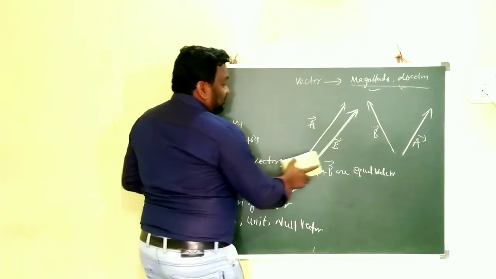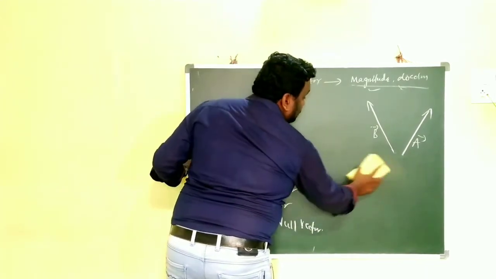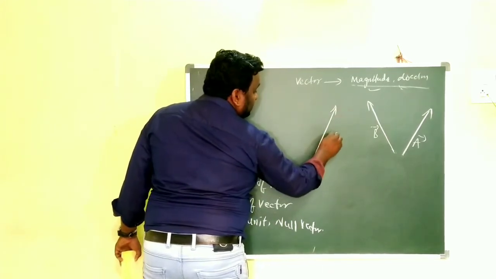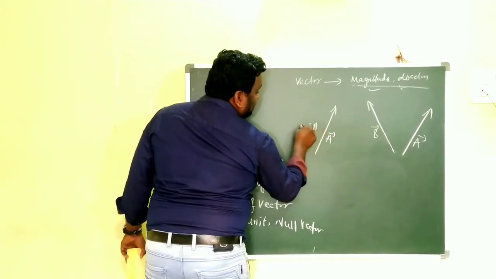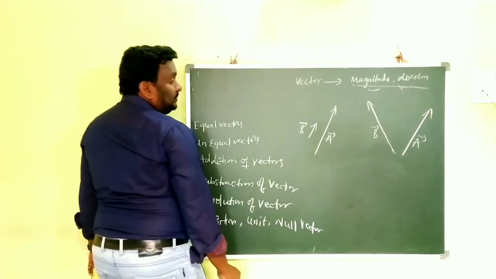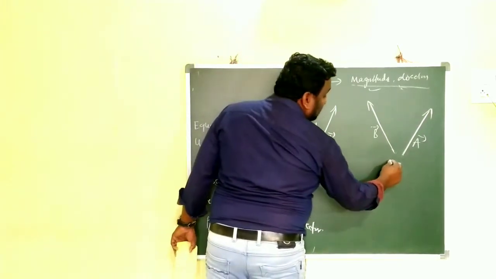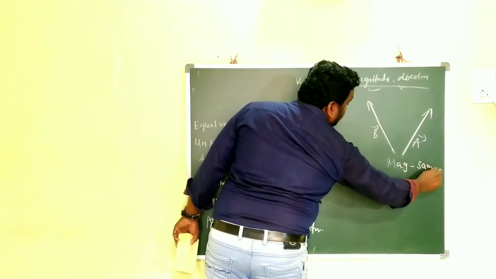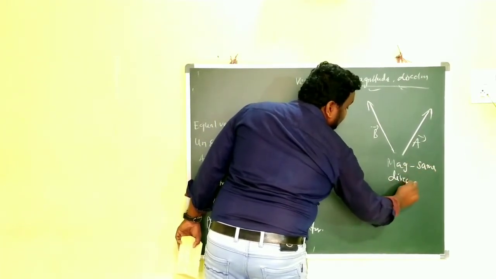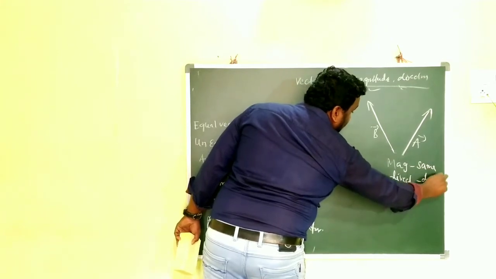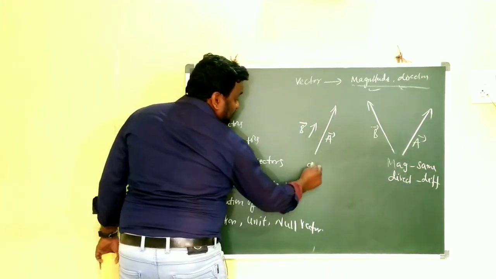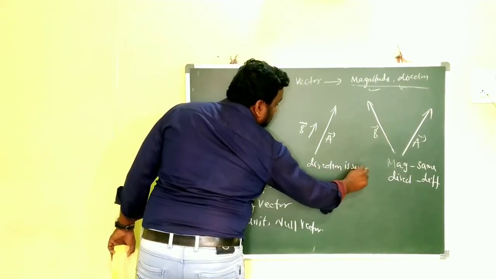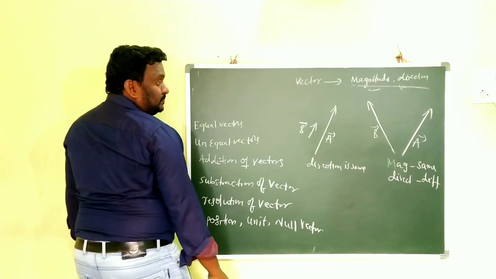For example children, now here this is the vector A and this is vector B. In this case what you observe, the magnitude is the same but the direction is different. But in this case children, the direction is the same.